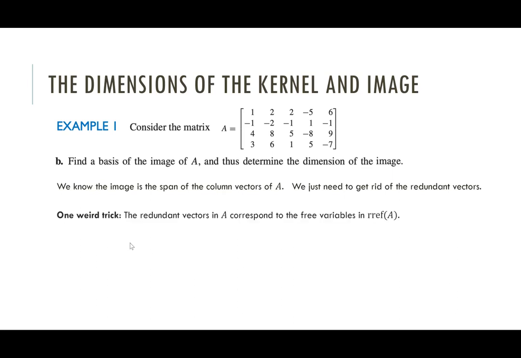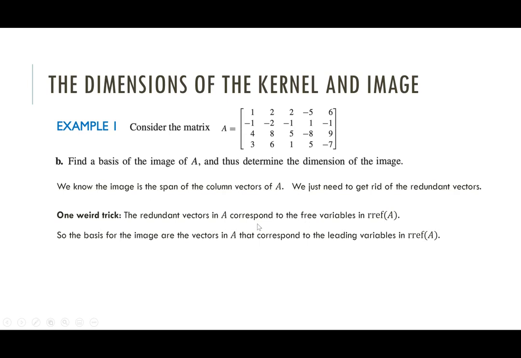And the way to do that is this one weird trick your math professors don't want you to know. It turns out that the redundant vectors in your matrix A correspond to the free variables in the reduced row echelon form of A. So let's see this in action, and then we'll talk about why it works.